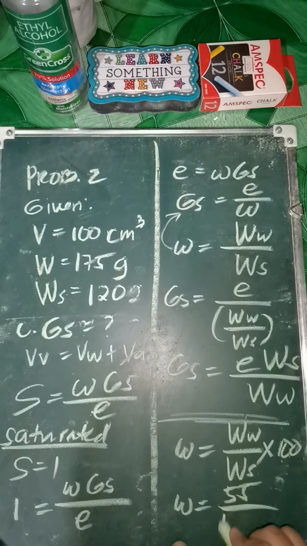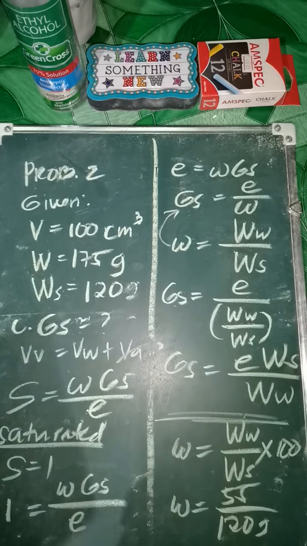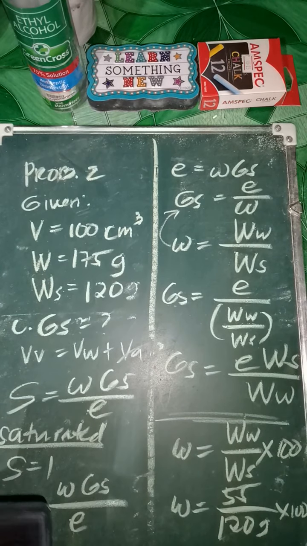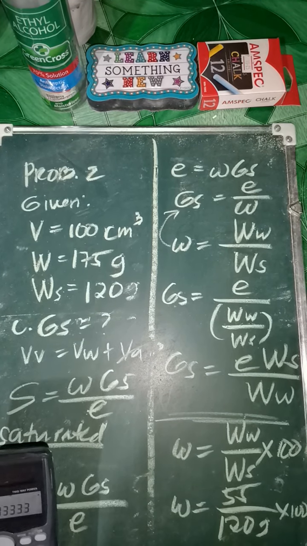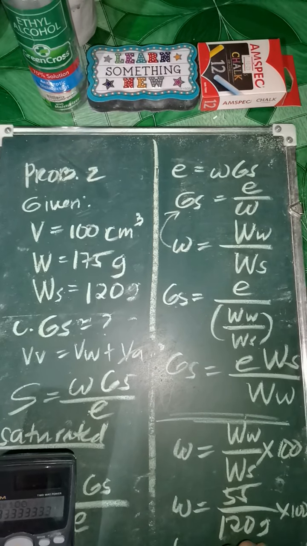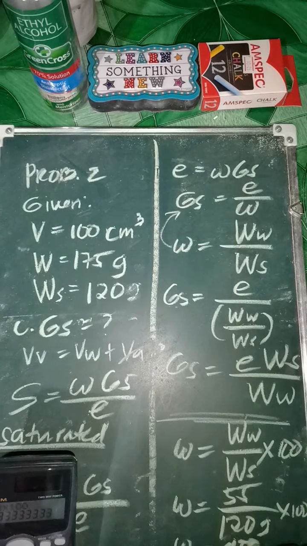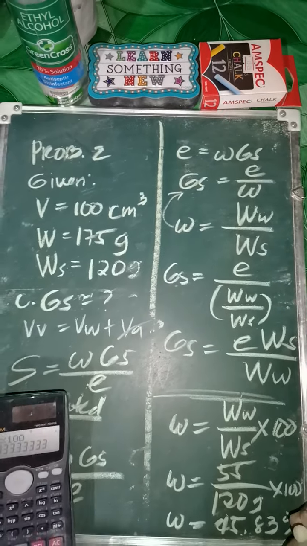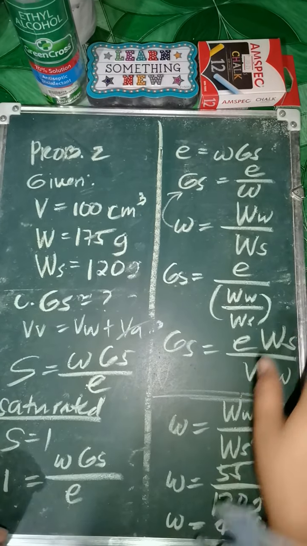From the given, we have 120 grams. So calculating that one, multiplied by 100, our moisture content is 45.83%. Okay, so that is for the moisture content.